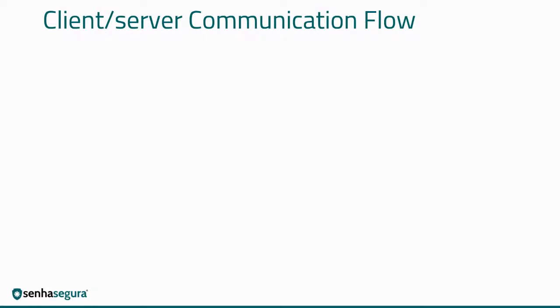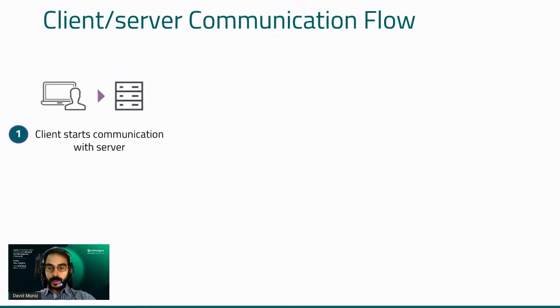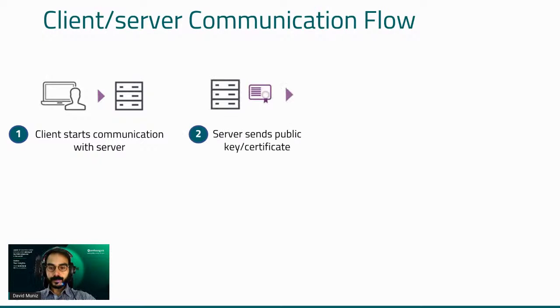Now let's see how this digital certificate communication flow works. Well, first of all, it all starts with the client that connects to a target server through an SSL or TLS connection. Then the target device sends its public key to the client that was generated using a private key.